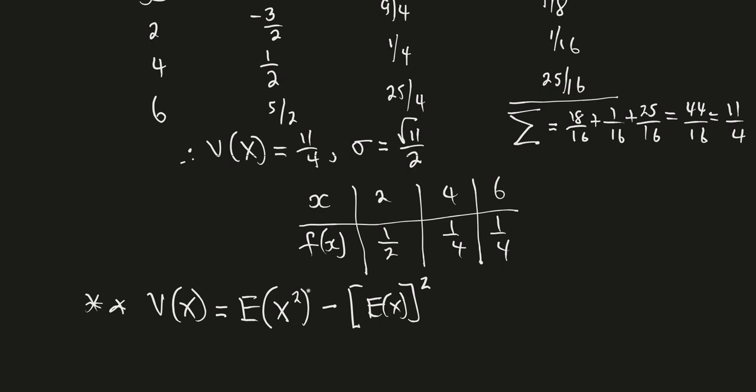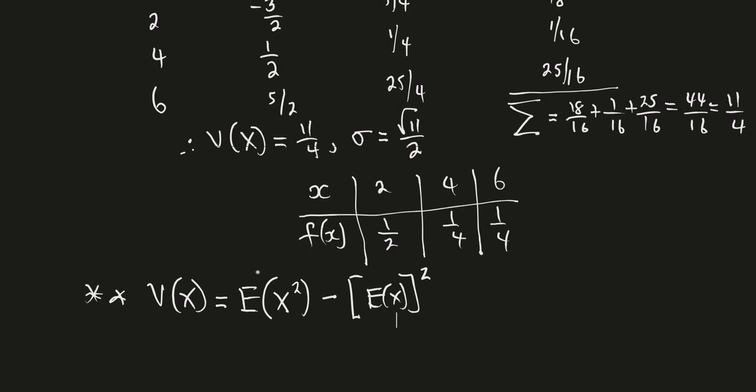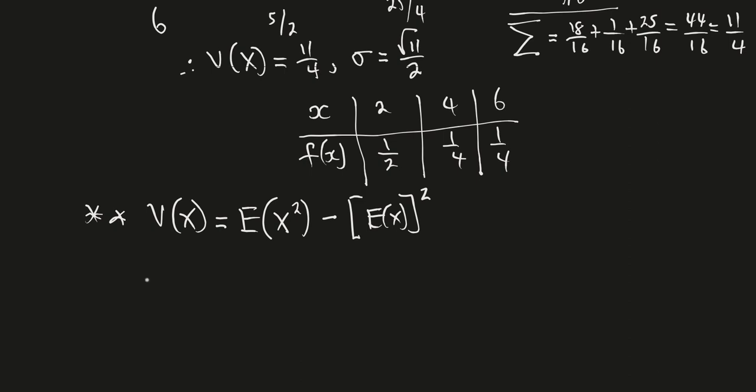Now this is what we previously covered: when we're finding the expected value of some other function, we simply evaluate that function at all the possible values of x, multiply by the corresponding probabilities, and take a sum. So let's compute the expected value of x squared.